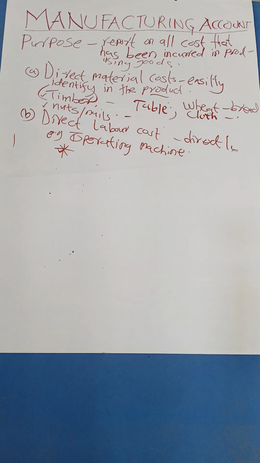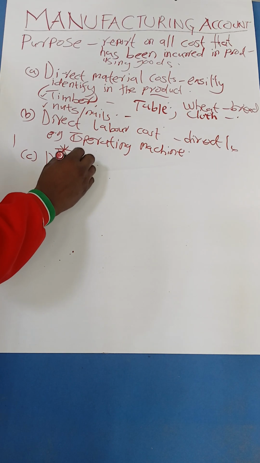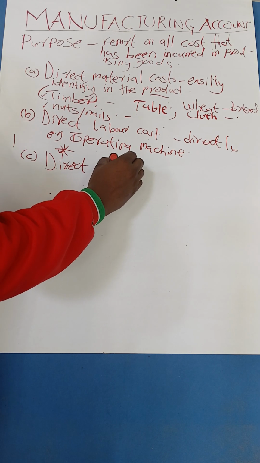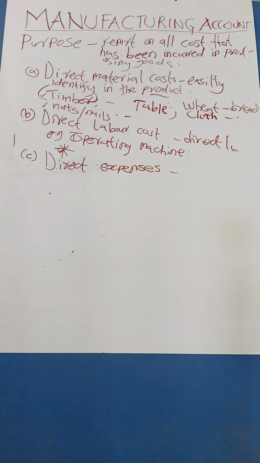Another one, after direct labor cost, we also have direct expenses. While we'll be producing these goods, we know we will incur direct expenses. We say these are expenses which are directly incurred.